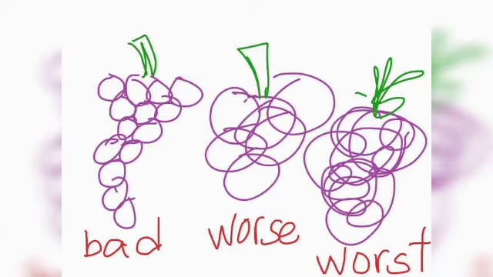In the second picture, it looks worse, which means it is worse than the first one. And the third picture shows that this is the worst one among these three. I hope this is clear to you.